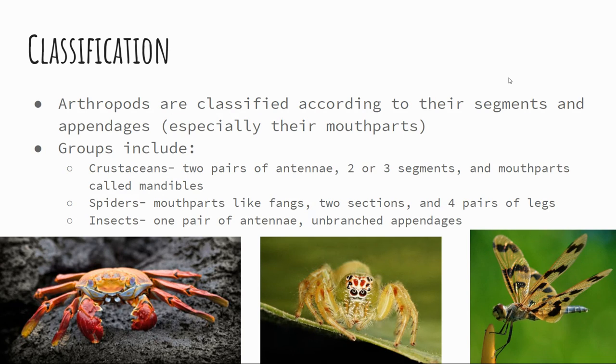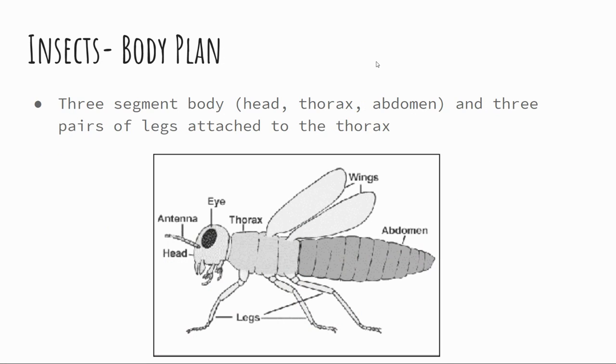Spiders, and also scorpions, are in the spider group. Their mouth parts are like fangs. They have 2 sections and 4 pairs of legs. And then one of the largest groups is insects, and they have 1 pair of antennae and unbranched appendages. And we're going to talk more about insects now.